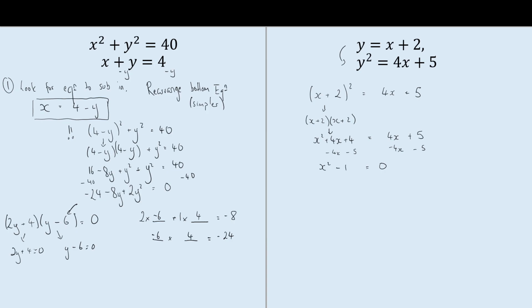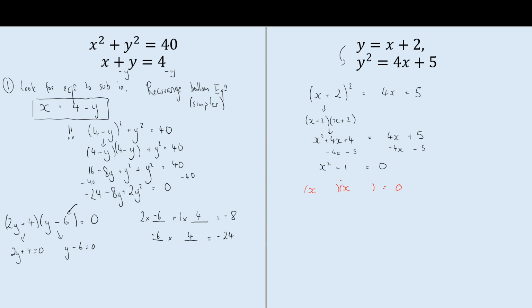Okay. So again, if you're factorizing, we're thinking 2 brackets. We don't have any numbers in front of the x squared, so we know that x times x will give us x squared.